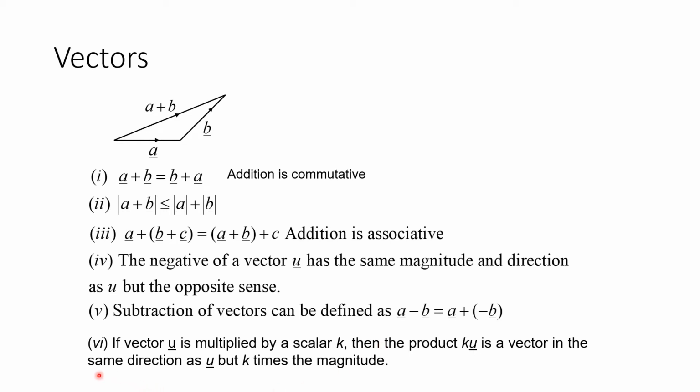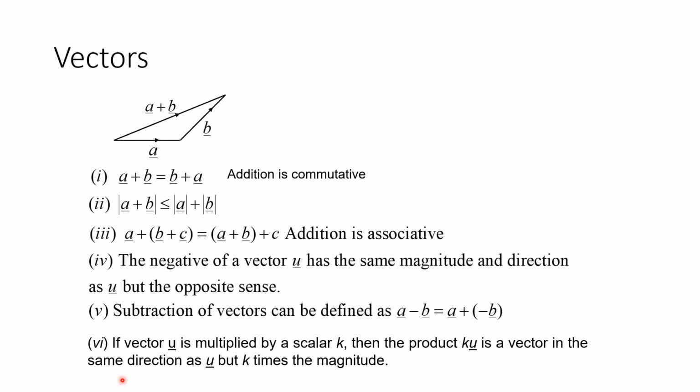The next important reminder is if you multiply a vector, say U, with a scalar K, so K can be any number or any scalar, yeah? Then the product Ku is a vector in the same direction as the initial vector U. So Ku is in the same direction as U because the K didn't change the sign.